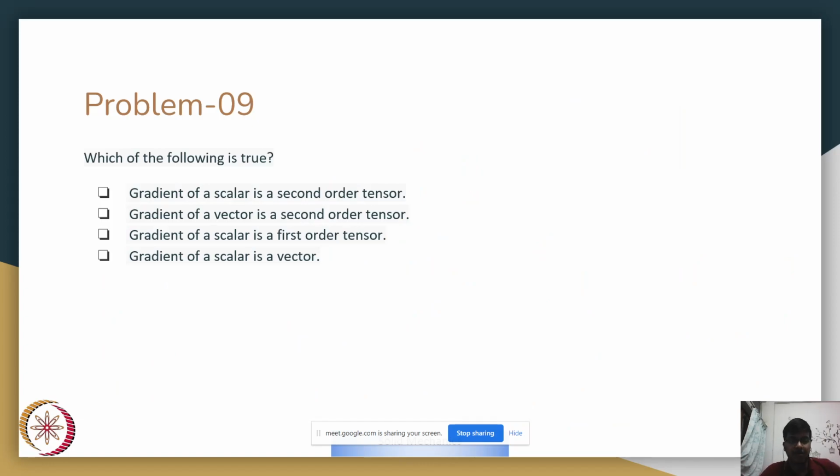The ninth problem. Which of the following is true? Gradient of a scalar is a second order tensor. Gradient of a scalar, is it a second order tensor? No, gradient of a vector is a second order tensor. Correct. The gradient of a scalar would simply be a vector of this form.